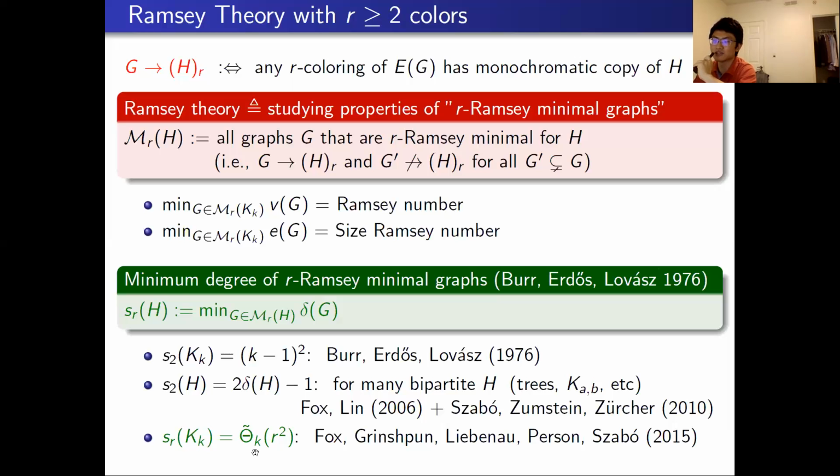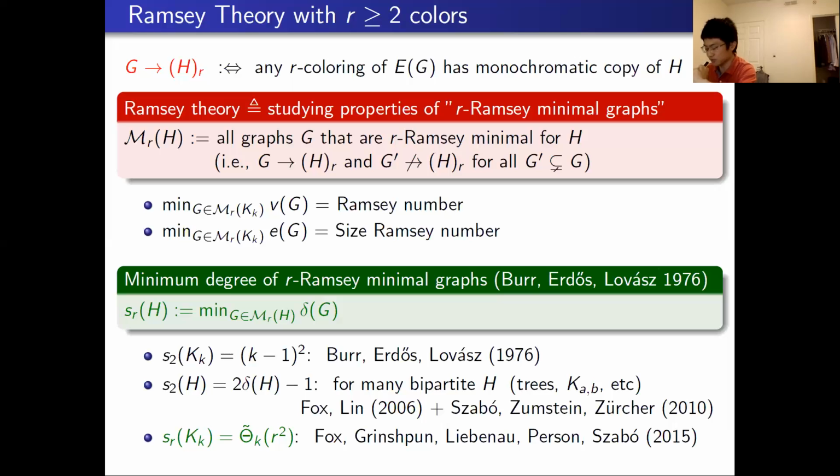In this notation, the power of the logarithmic factors may depend on k, but for k fixed and r tending to infinity, it really determines this Ramsey parameter up to some logarithmic factor.